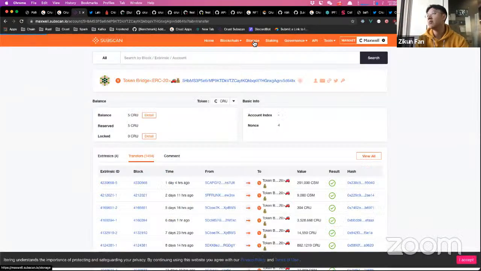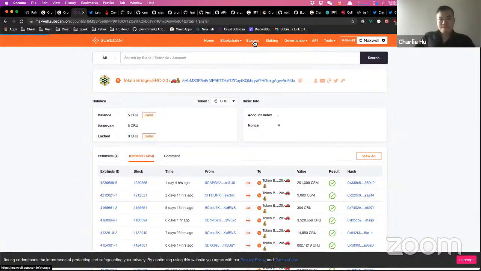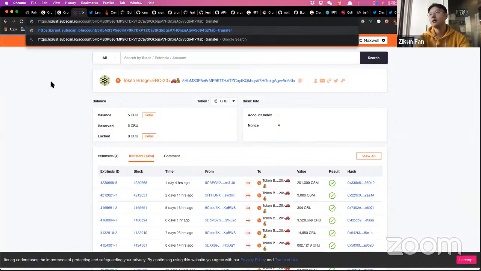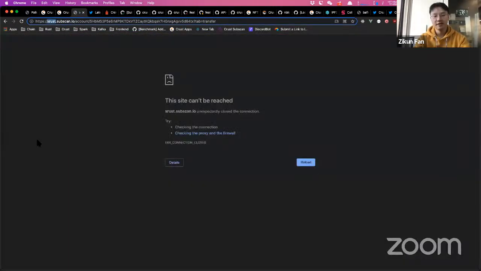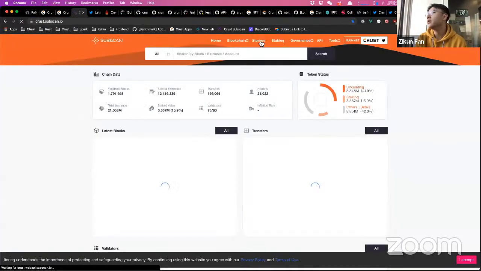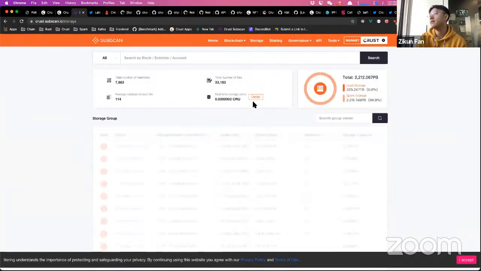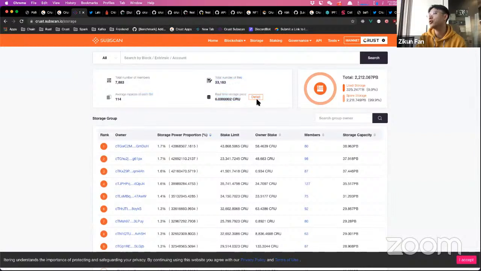So this is a blockchain explorer called Subscan. There is a section called storage, and in this part it can show you the real-time storage price.